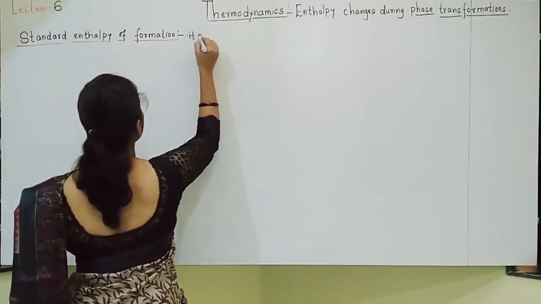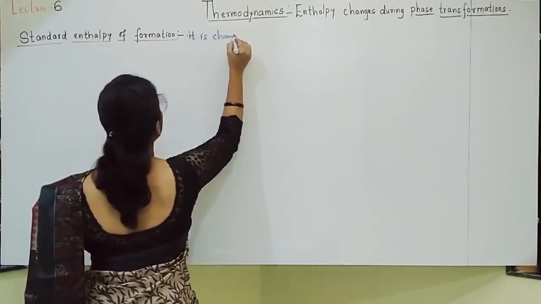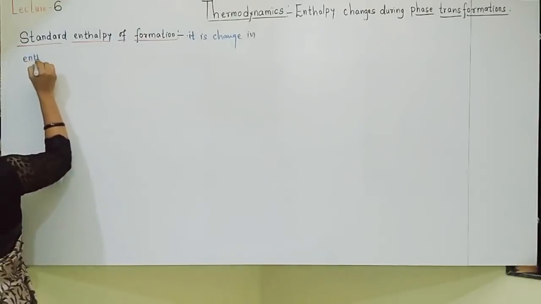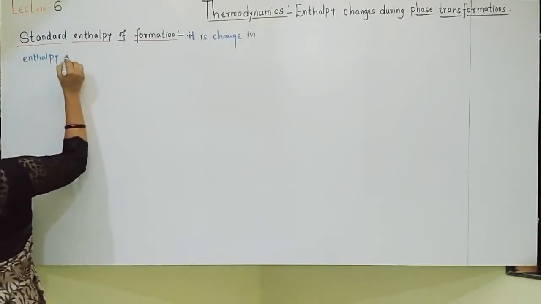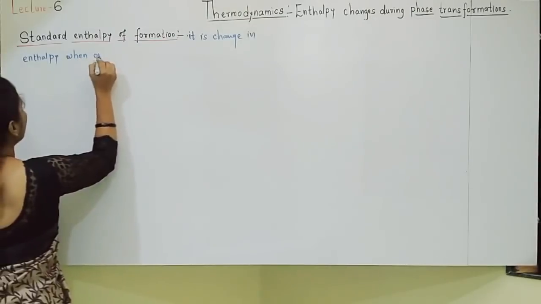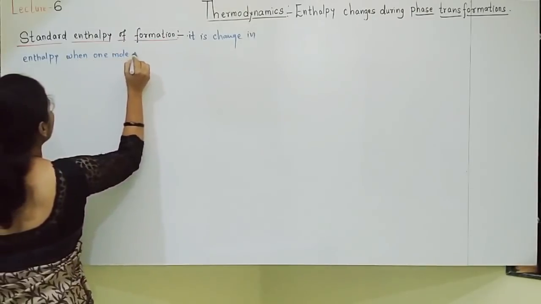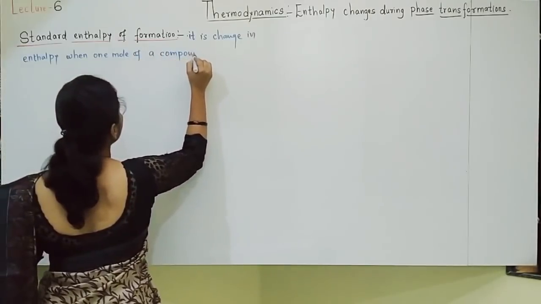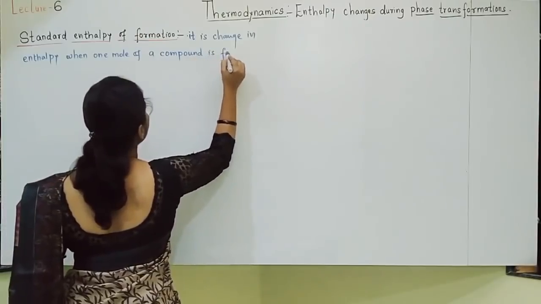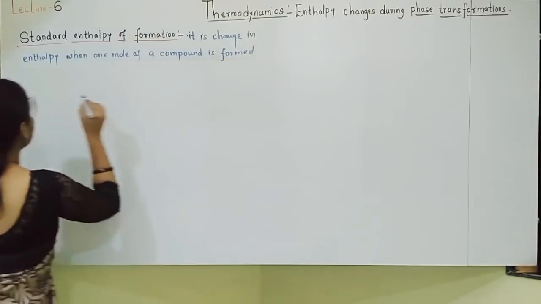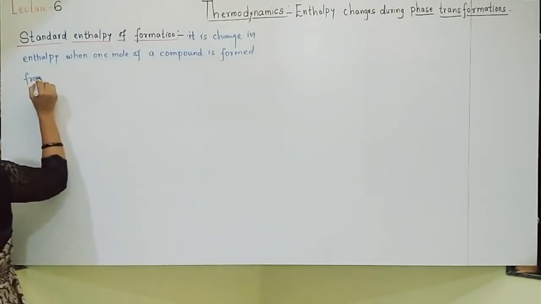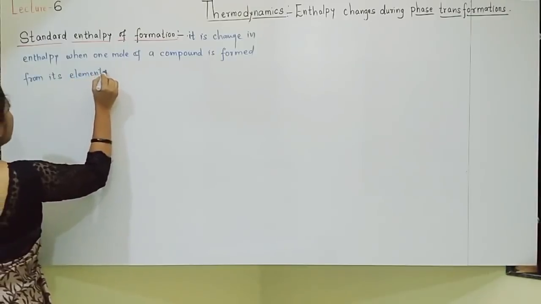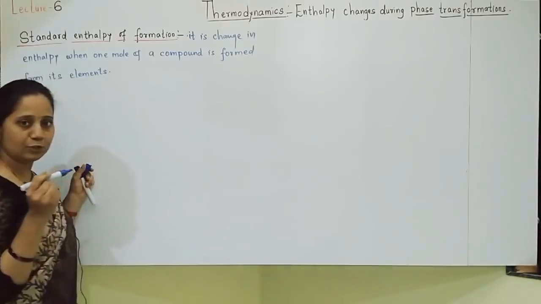It is the change in enthalpy when 1 mole of a compound is formed from its elements. Students, understand properly. What enthalpy change is taking place?